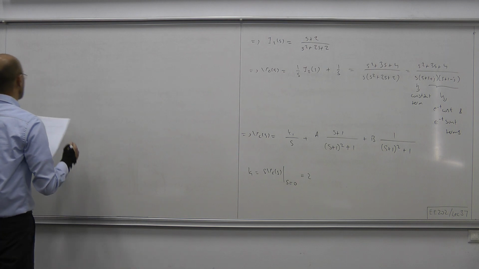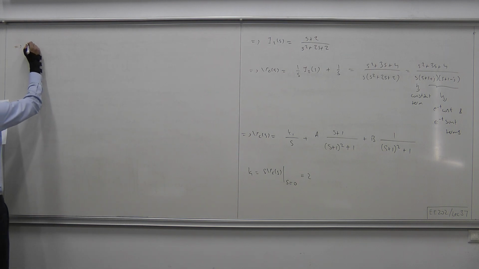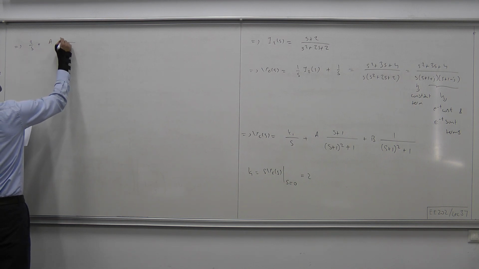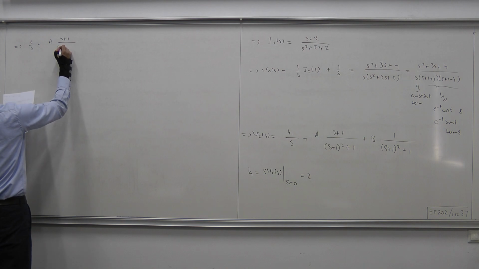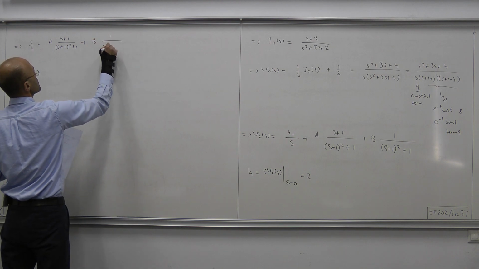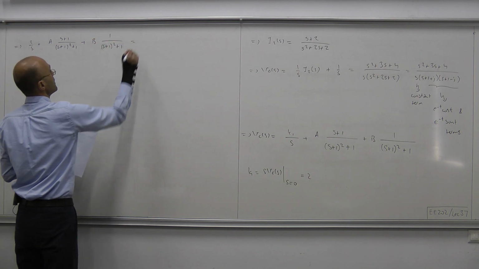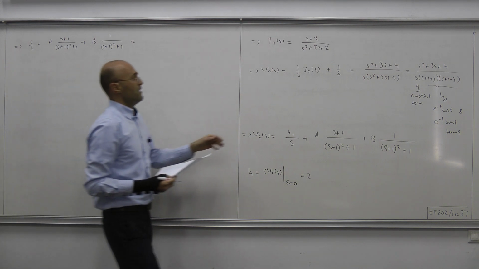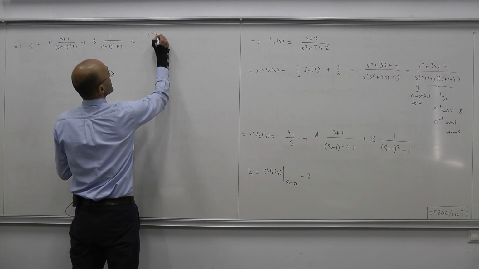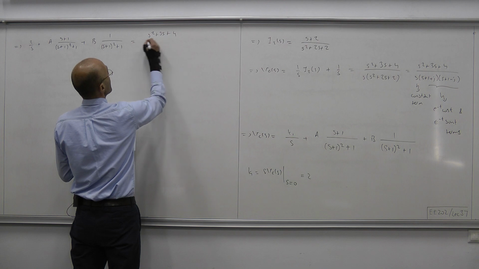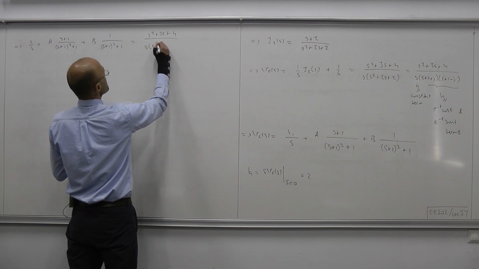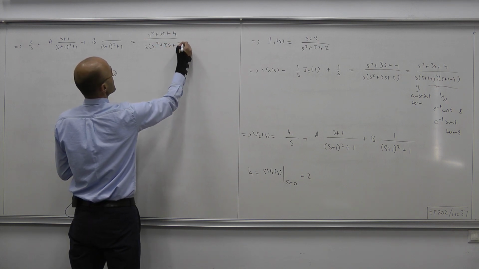As for A and B, we can do the following: 2 over S, now K1 is known, plus A times (S plus 1) over ((S plus 1) squared plus 1), plus B times 1 over ((S plus 1) squared plus 1) equals Vc of S, and Vc of S is here as a single piece, so that equals S squared plus 3S plus 4 over S times S squared plus 2S plus 2.